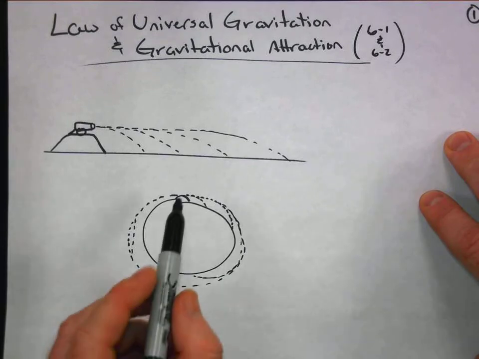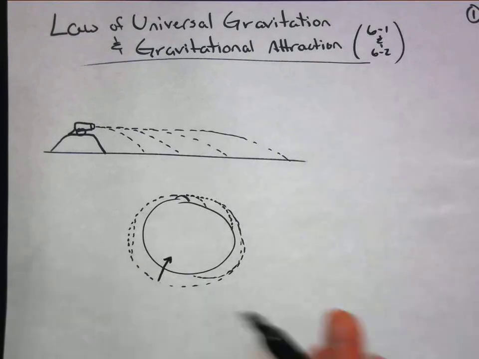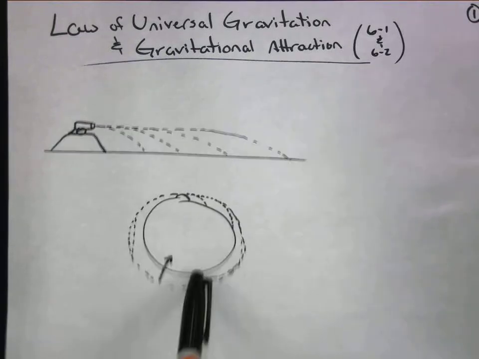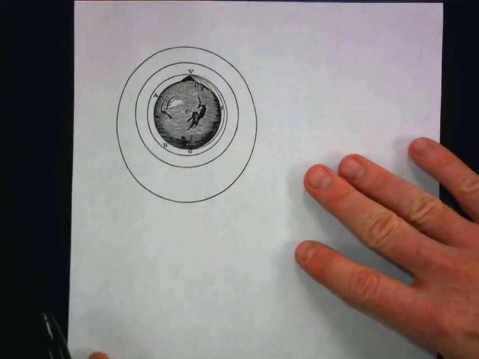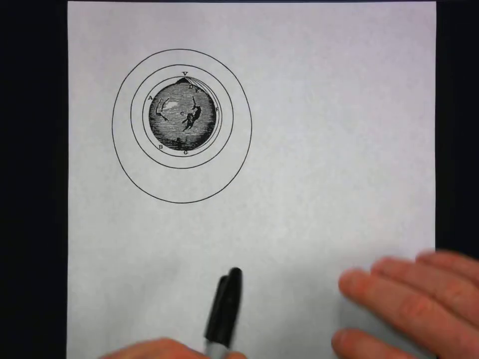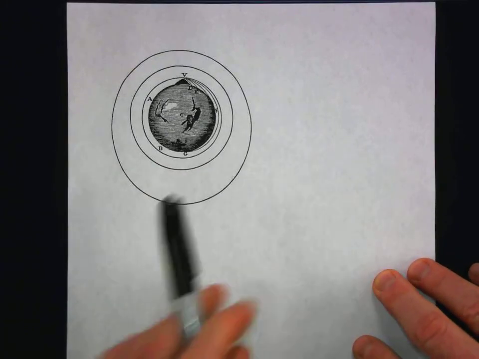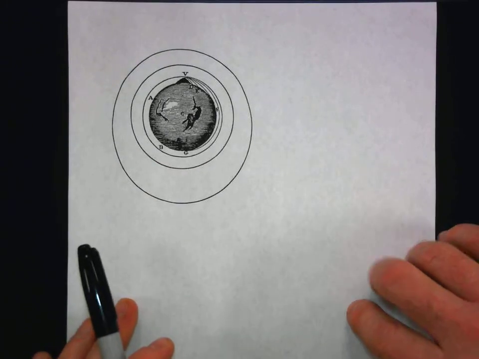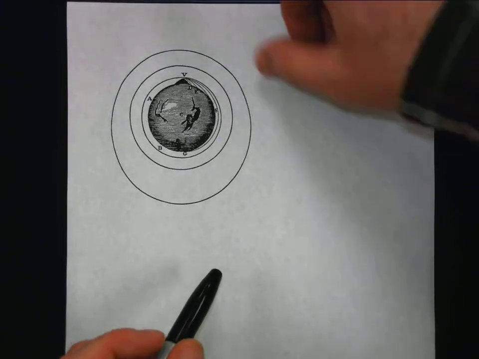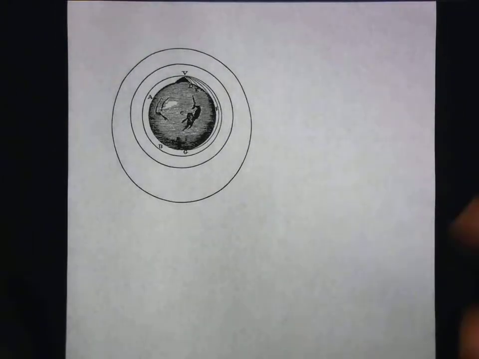But there's more to this, and I want to show you a better version of this diagram. Check this out. This is actually a copy of one of Newton's original diagrams that he published. It's not exactly perfectly clear, but you can recognize a few things.